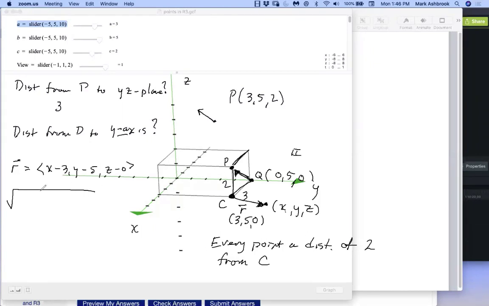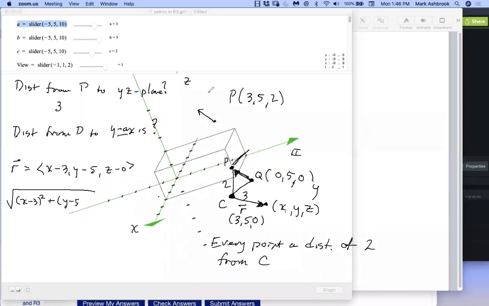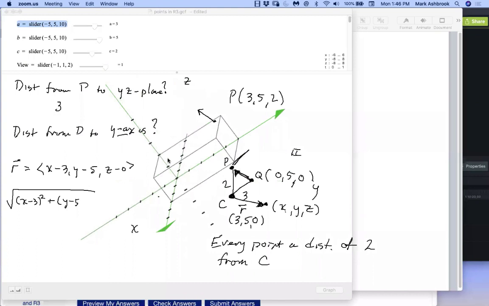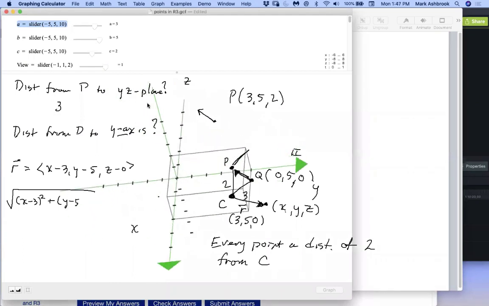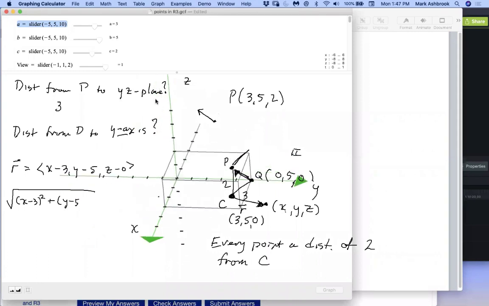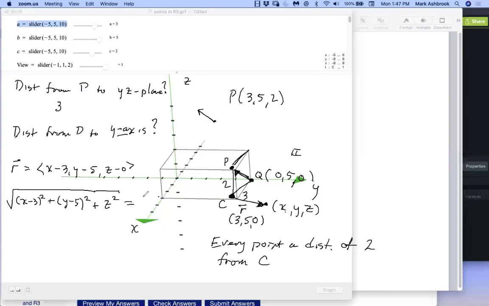So I'm going to take the magnitude of this vector: x component squared plus y component squared plus z component squared, all under a square root. I want to force it to be a magnitude of 2.